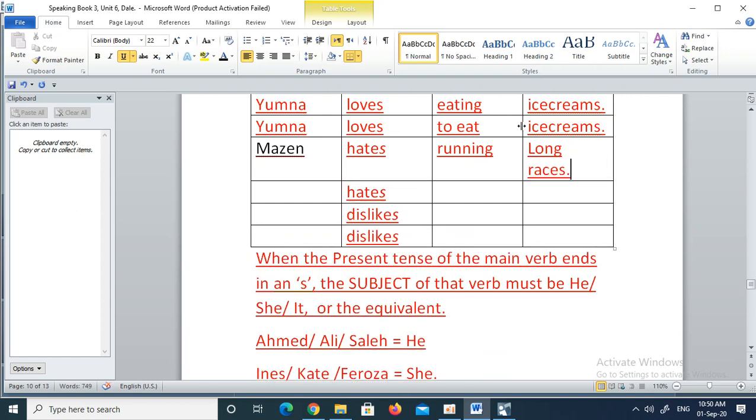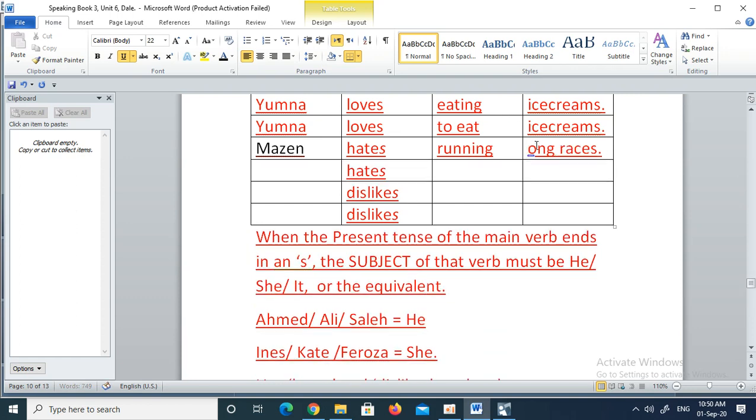Okay, so there we have used the gerund construction. If we have to turn that into the infinitive construction, Mazen hates to run. And now we have used an infinitive in the third box, long races.